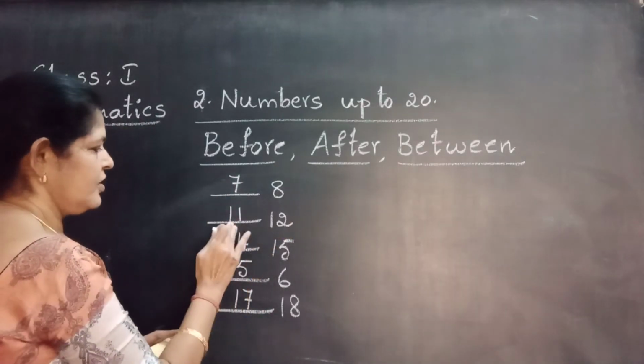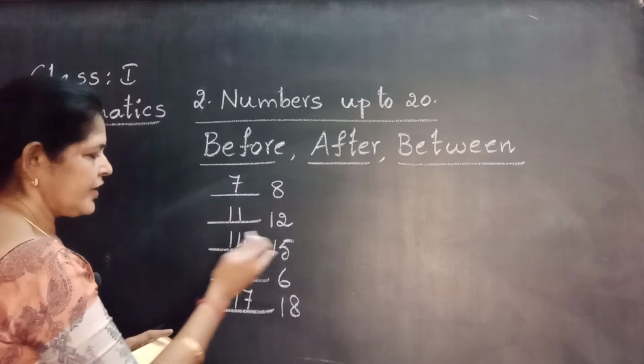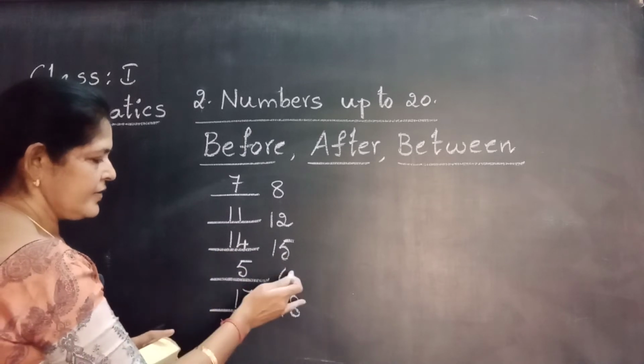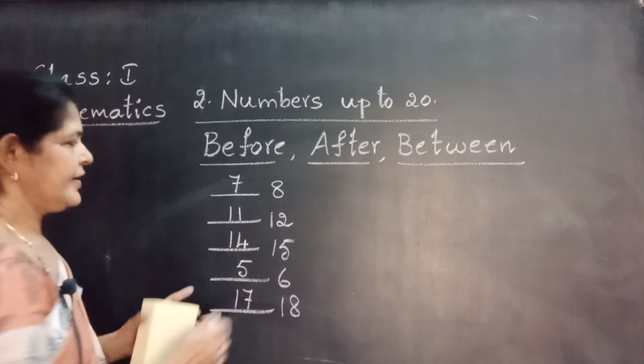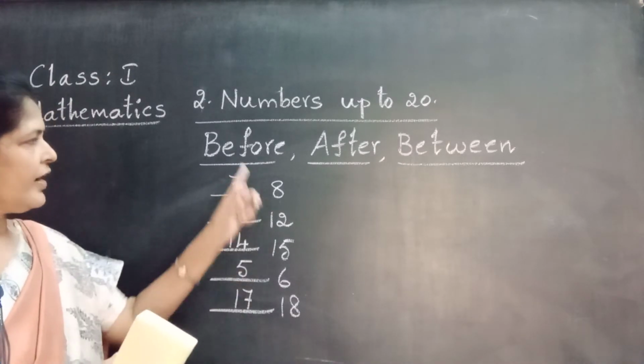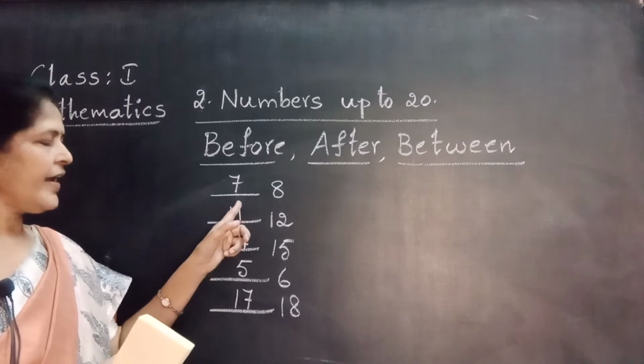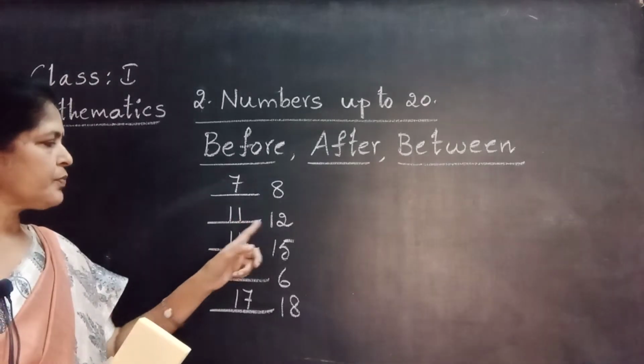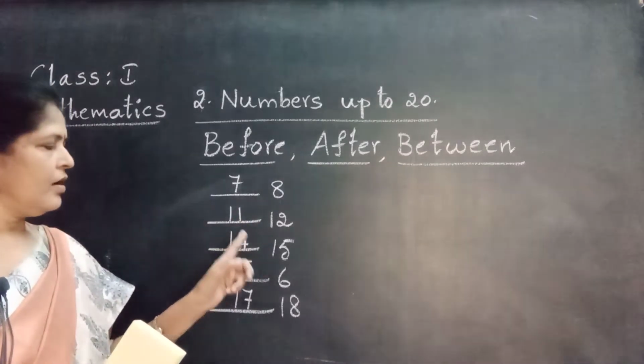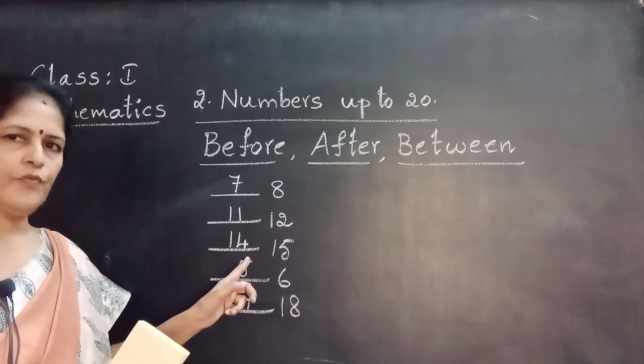7, 8. 11, 12. 14, 15. 5, 6. 17, 18. These are the before numbers of the given numbers. See, the before number of 8 is 7. What comes before 12? 11. What comes before 15? 14.